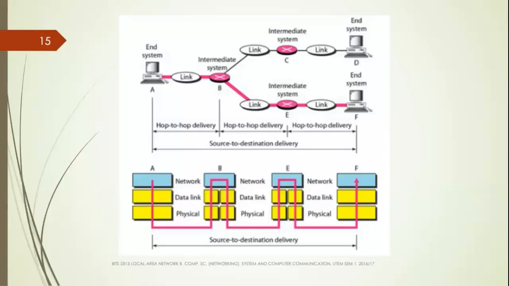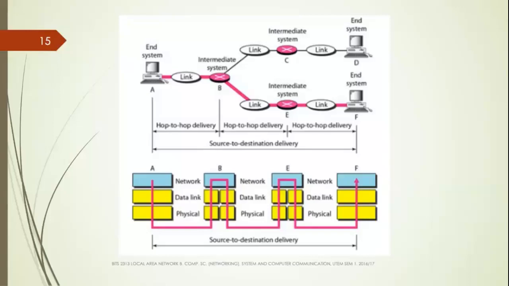So how does the network layer make sure that data from computer A is sent directly to computer D via node B and C?